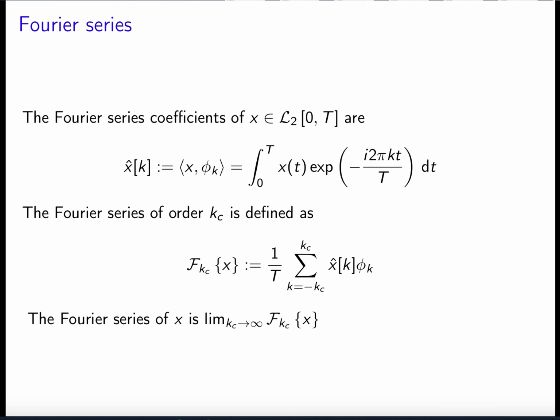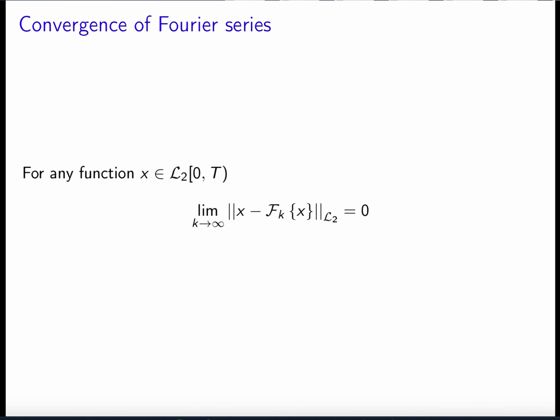It turns out that this allows you to represent the signal exactly in the limit, which means that these basis functions that we have built using sinusoids that had periods which were multiples of T, where T is the length of the interval, form a complete representation. It can allow you to approximate any function you want that is square integrable.